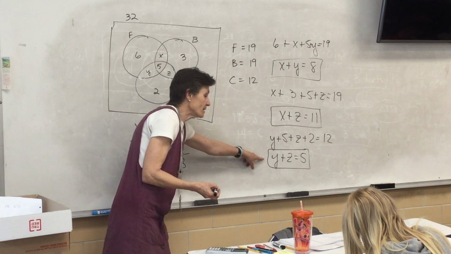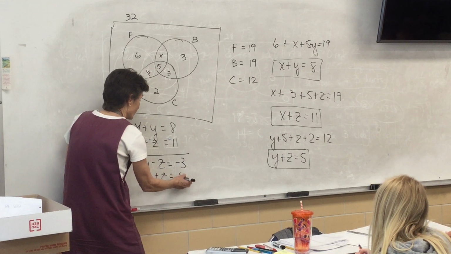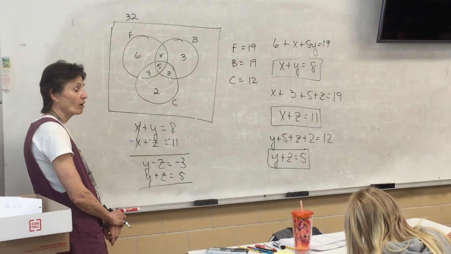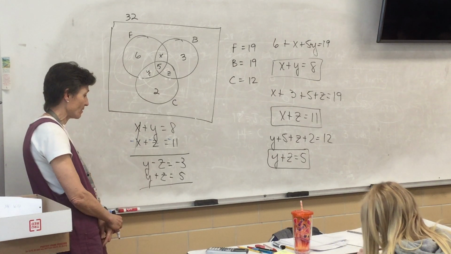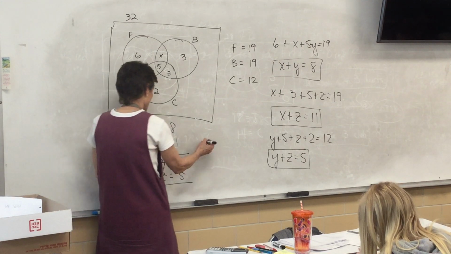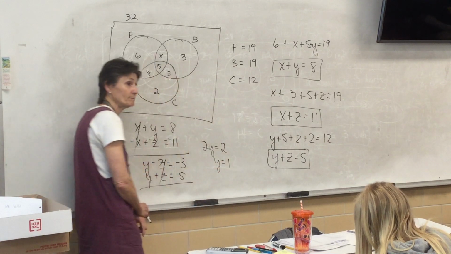And then see this one right here? It says Y plus Z equals 5. Well, what's gonna automatically happen when I add those together? The Z's are gonna be gone, and it's gonna say 2Y equals 2, which means Y is 1.